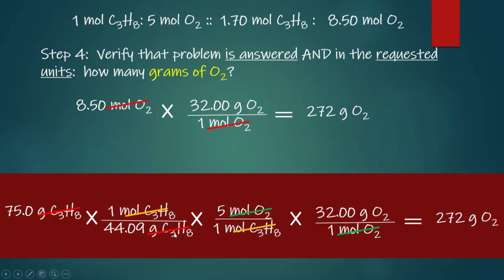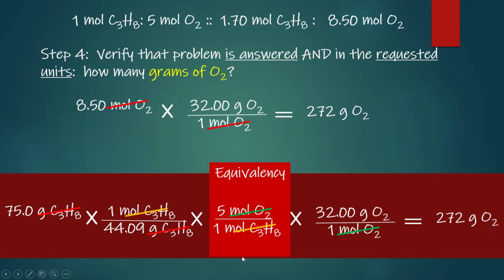So the grams cancel out and that turns it into moles of propane. Then we want the moles to cancel out. We use the equivalency right here. We multiply by the equivalency of oxygen and propane. So that multiplies it by 5. Then we have our moles of oxygen to cancel out when we multiply by the molar mass of the oxygen. And it gives us our units that we want, grams of oxygen gas.